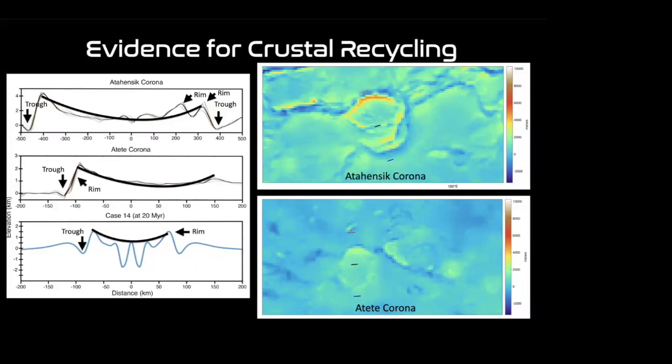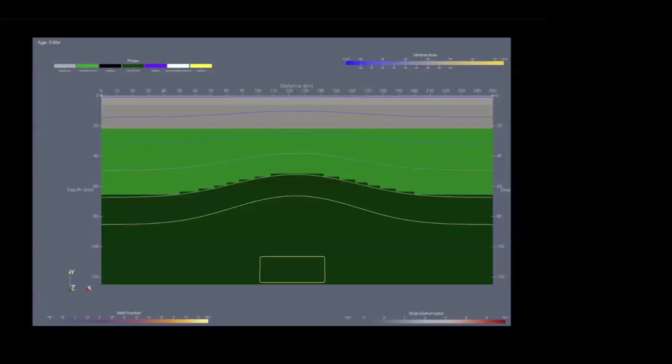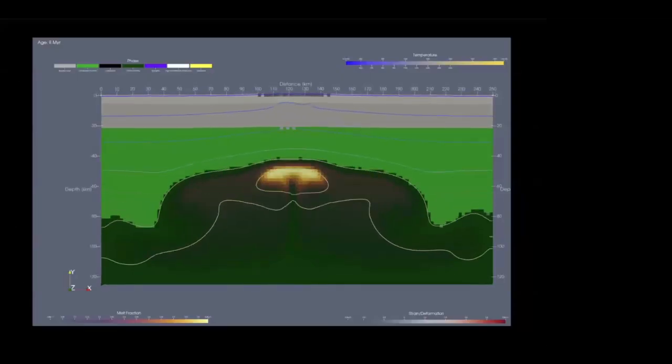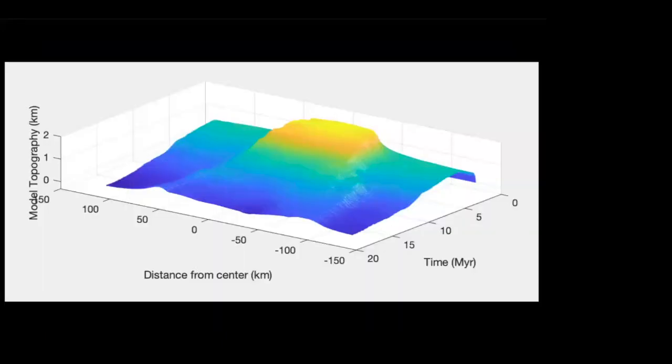Otherwise, this would all be infilled, or maybe wouldn't even form, because you should be having uplift that creates something very different. If we fast forward to the slightly more realistic model that I am still working on, the one that actually has the melt flows, and you look at the topography, that W ceases to exist. So I think it's an artifact of the way that we formulated spreading in the first model. That's a good one.